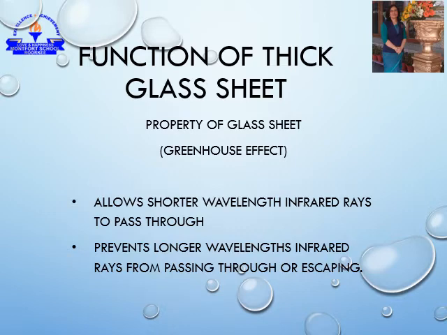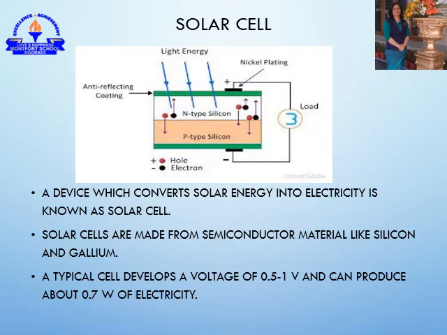So the solar energy which falls on the sheet, the shorter wavelength infrared rays, get absorbed by the container. And the longer wavelengths which are created inside the box are not allowed to come out of the box. Hence, the heat inside increases and the cooker works more efficiently.